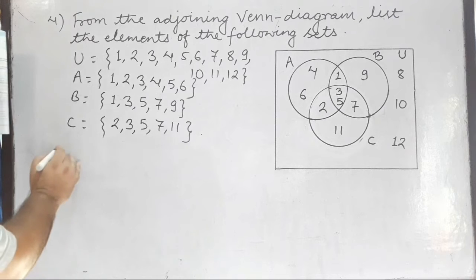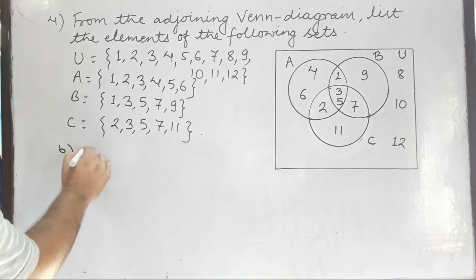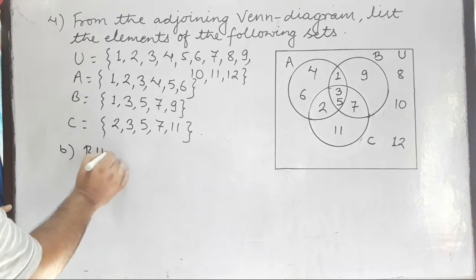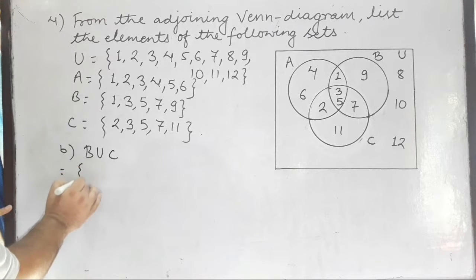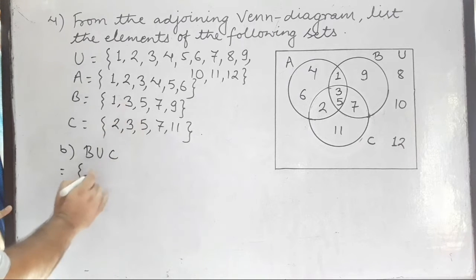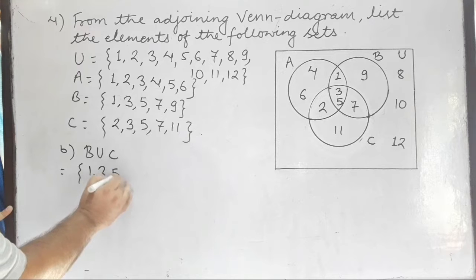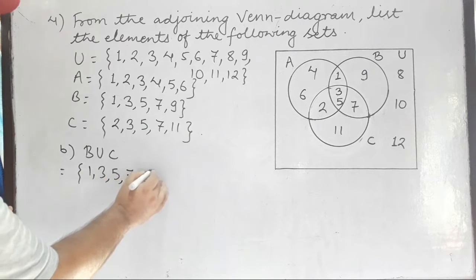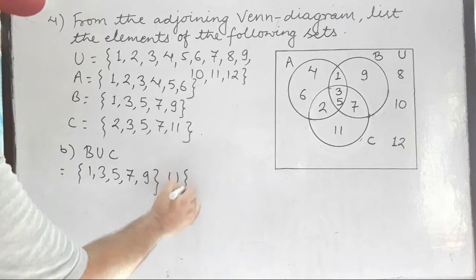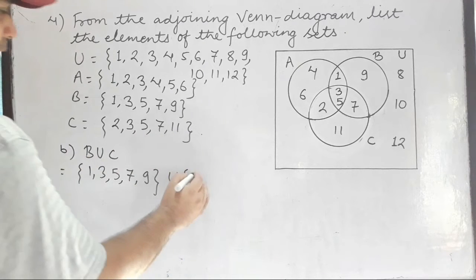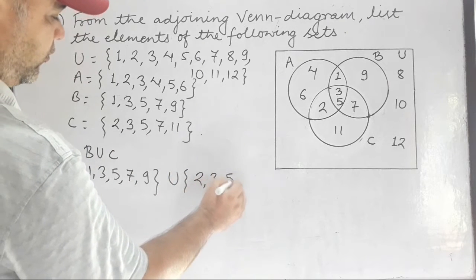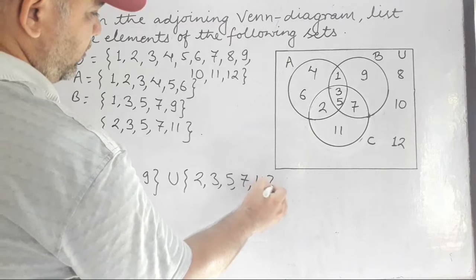The next question, B union C. What are the elements of set B? 1, 3, 5, 7, 9. Union. The elements of set C: 2, 3, 5, 7 and 11.